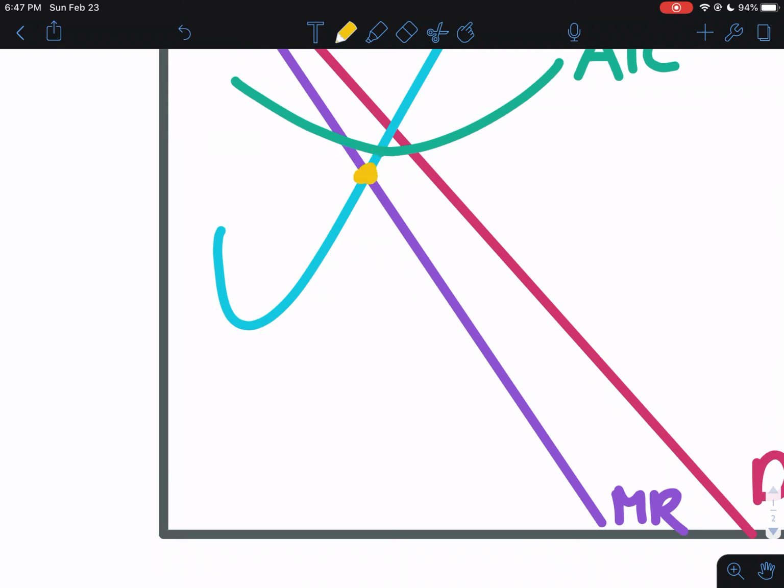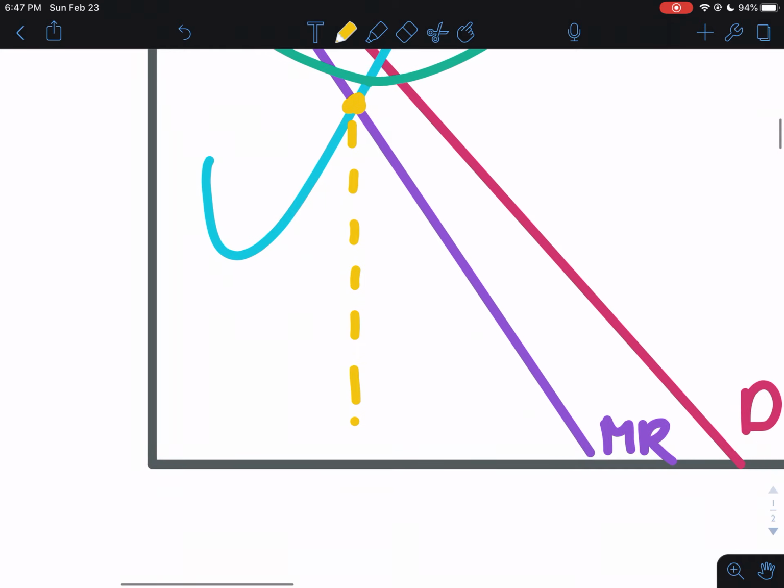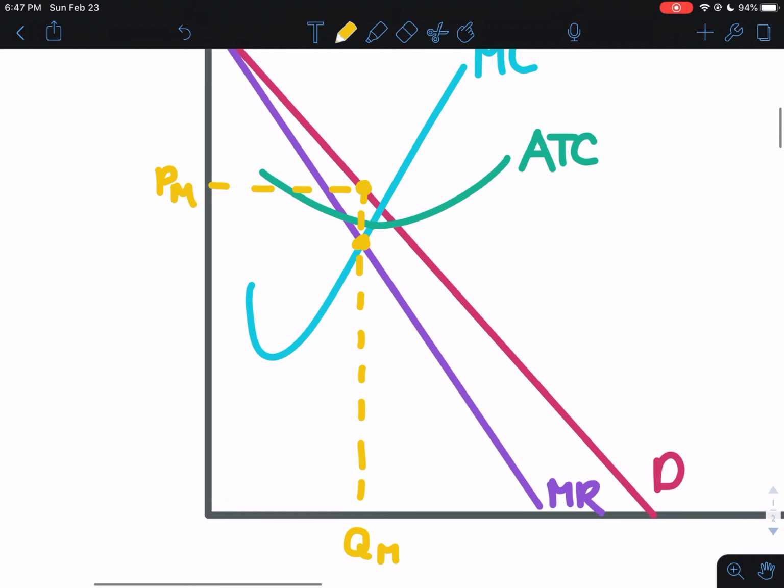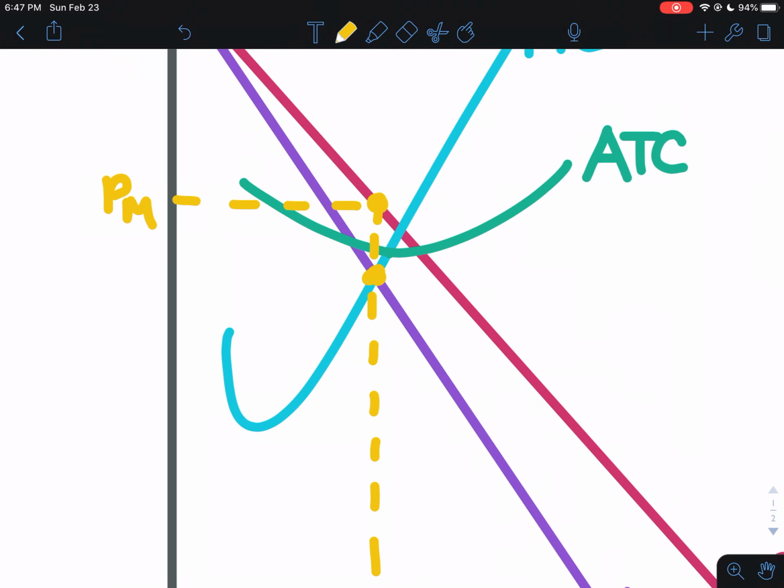So you need to find the intersection where MR equals MC. You're going to dash down, and this is going to be your quantity maximum. And then you're going to dash up to the demand curve, and you're going to dash over to find your price maximum. Okay, great. So now we have our total revenue. Well, now we need to find where our total cost is. So that's right here where this dashed up line meets ATC.